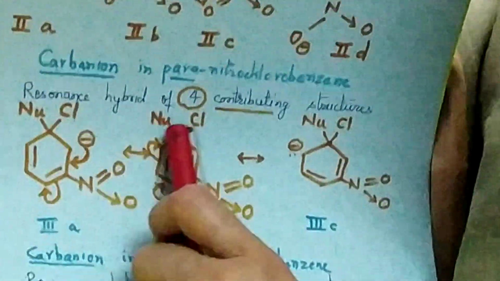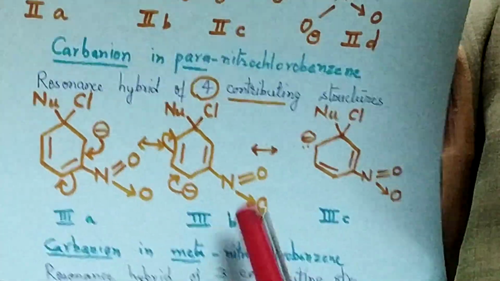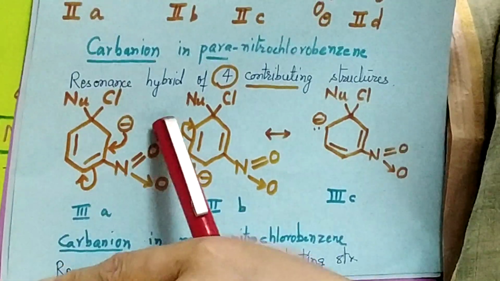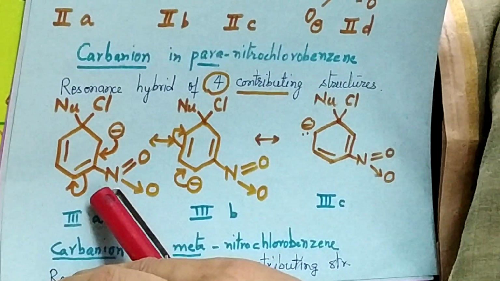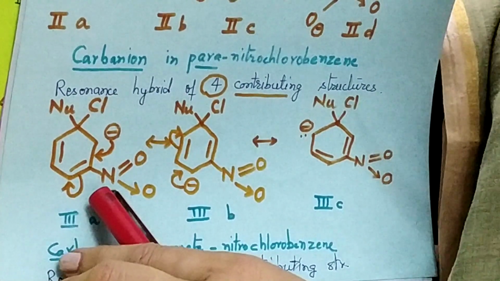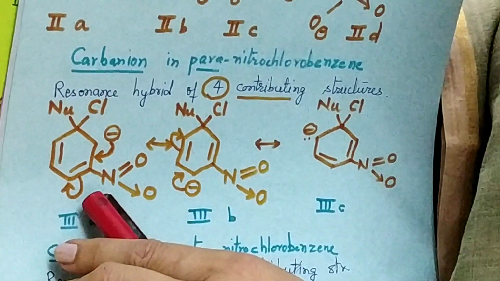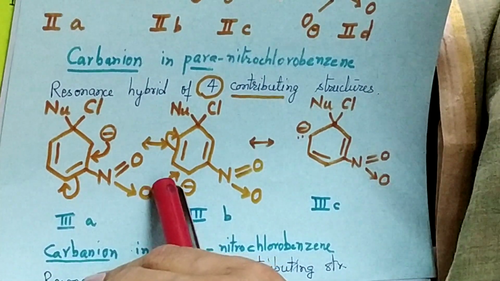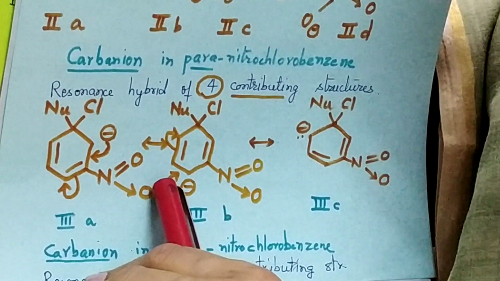In the case of meta-nitrochlorobenzene, however, the situation is somewhat different. Here you have this molecule which is the meta-substituted aryl halide. Carbanion formed in this manner again, structure number 3A.